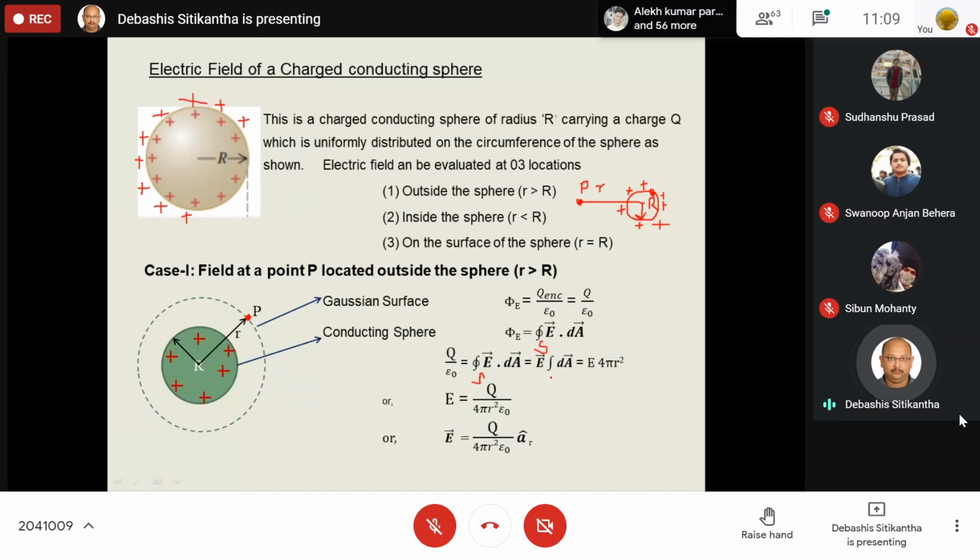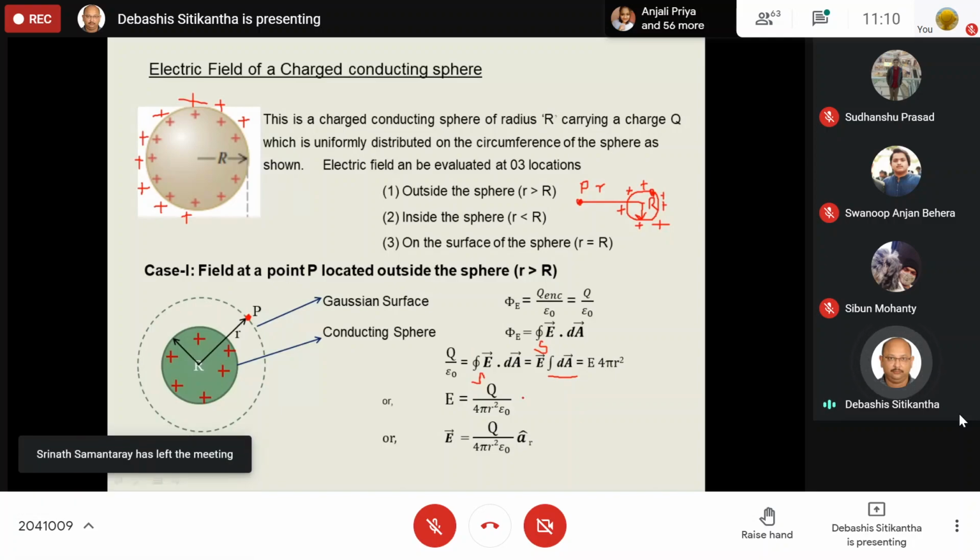Now dA, if it is integrated over the entire surface, is going to give a value of 4 pi r square. So E into 4 pi r square. From this, with a little bit of mathematical manipulation, we see that the electric field E is equal to capital Q by 4 pi r square epsilon 0.